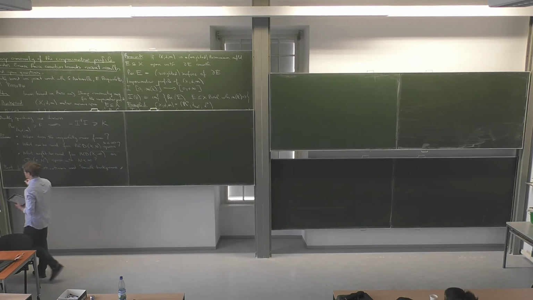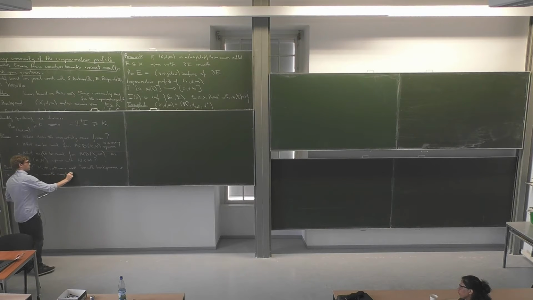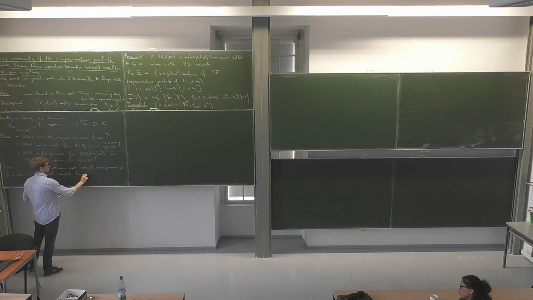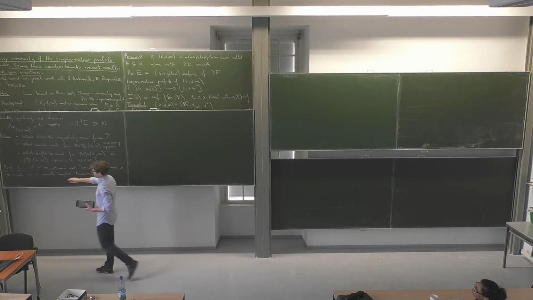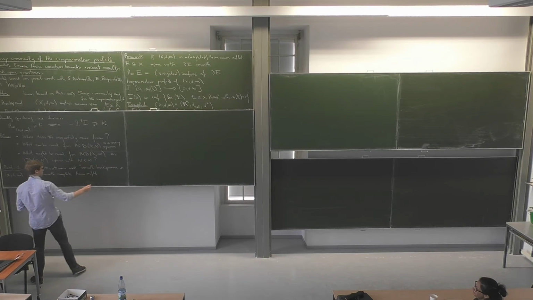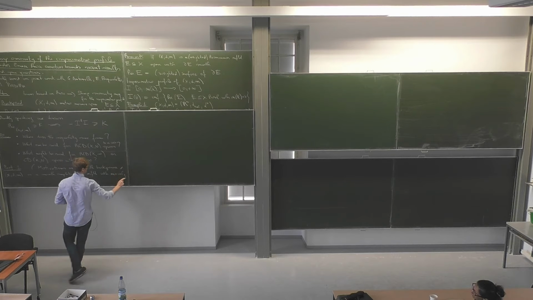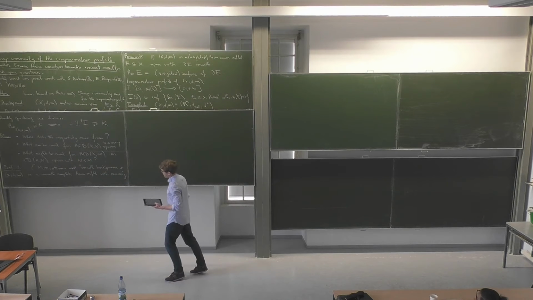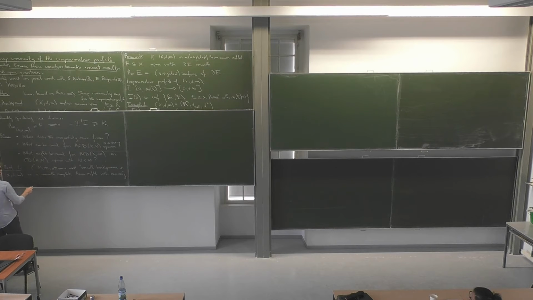So for this part, I'm going to assume that (X, d, m) is a smooth, complete Riemannian manifold, and m is its Riemannian volume measure. So I'm going to make the assumption that m is equal to the Riemannian volume, so it's equal to vol_g, where g is the Riemannian metric. And I'm going to be assuming that the manifold is compact.